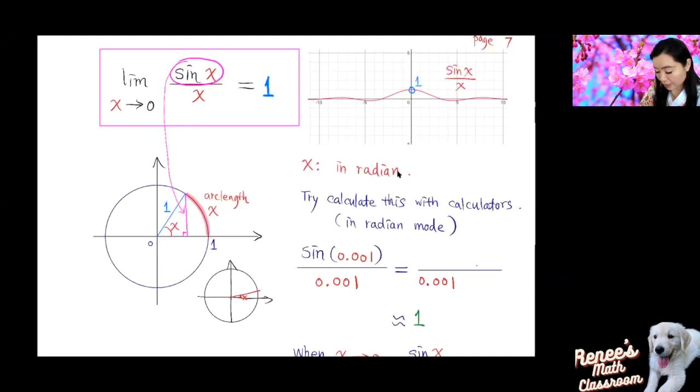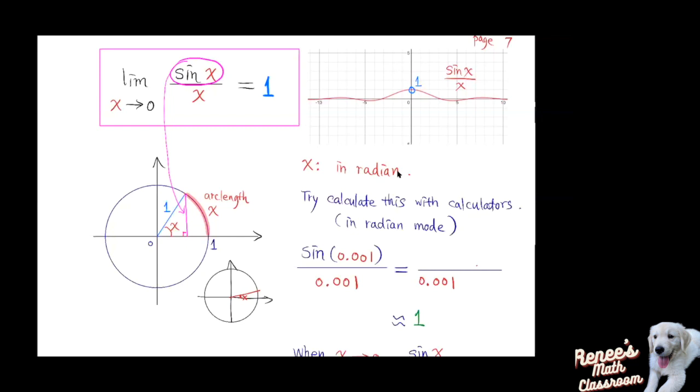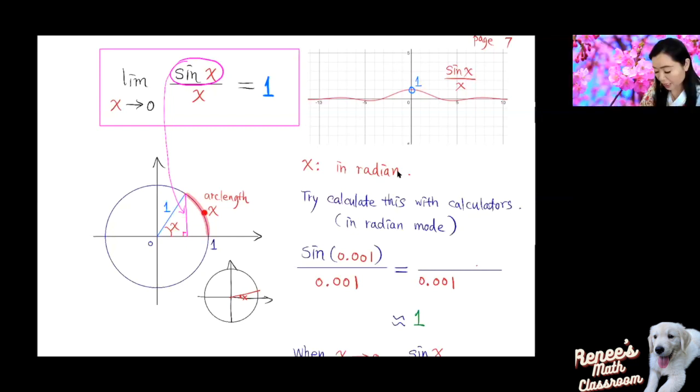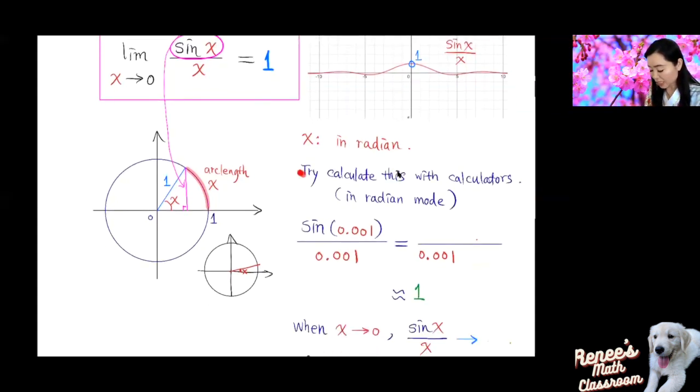Okay, so what does this limit over here mean? When this angle x is small, then this sine x, the pink one, over this arc length, the ratio is going to get closer and closer to 1. So they're about equal. You can try to calculate this with a calculator in radian mode.